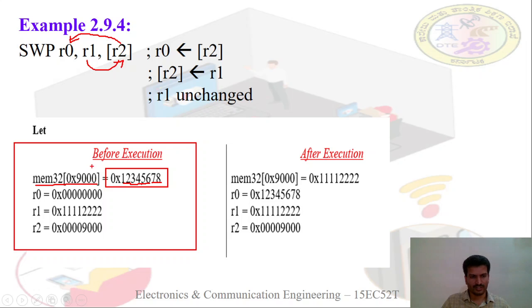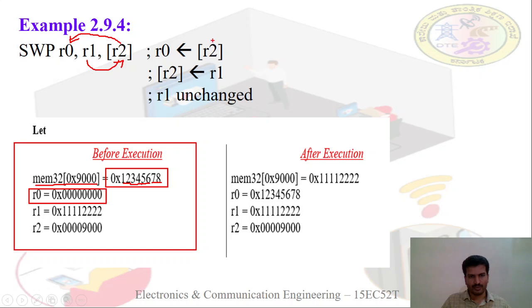These 4 bytes will be stored. In R0 the initial value is 0, R1 contains 0x11112222, R2 contains 0x00009000. So after execution, what will happen?